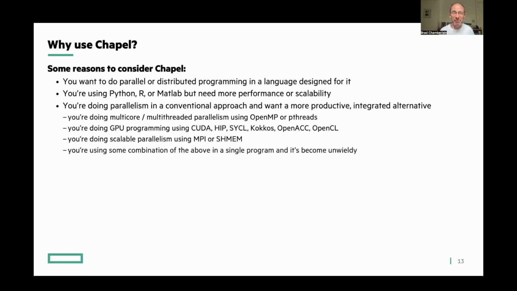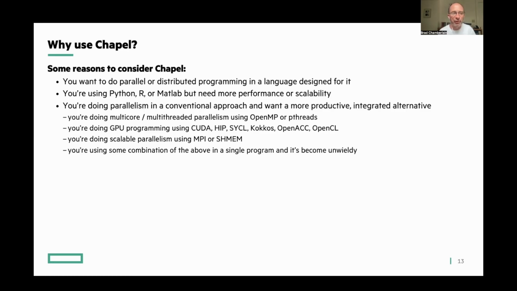And if you work in HPC, maybe you're actually using some combination of these things in order to get distributed computing plus multi-core parallelism plus GPU programming. And as you can see, you have to start mixing and matching different programming models together to do that. And in my experience, that can become unwieldy. One of the nice things about Chapel is because it focuses on parallelism and locality, it can handle all these different levels of parallelism in a single language with a single unified set of concepts. And so that can result in cleaner code and easier to understand code and easier to maintain.